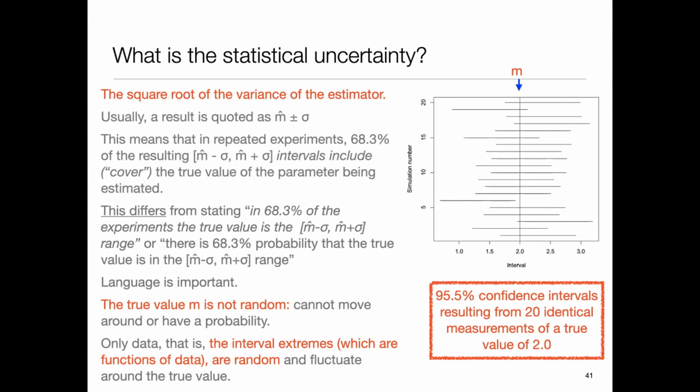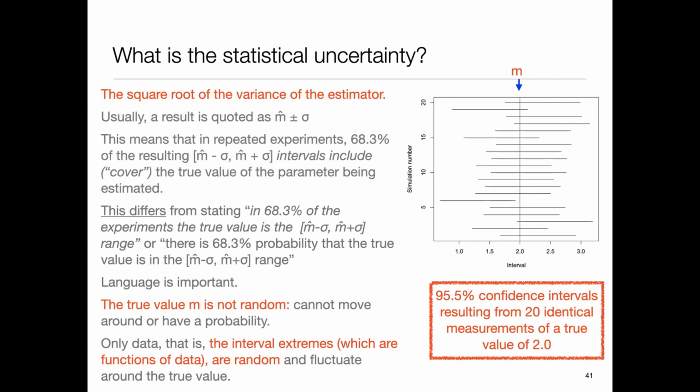So this is typically the way that people interpret your result when you give an uncertainty. If your estimator is unbiased and your statistical uncertainties are properly evaluated, people expect that your result expressed as an interval includes, or in other words covers, the true value of m with 68.3% probability.